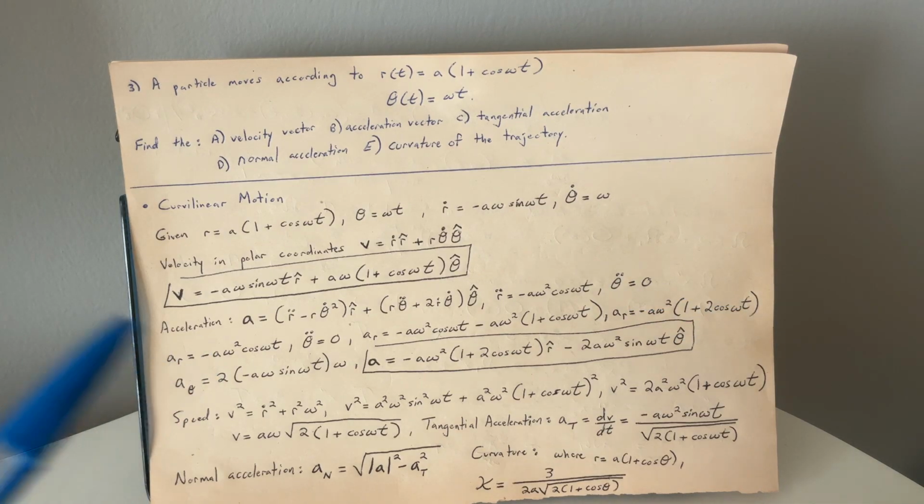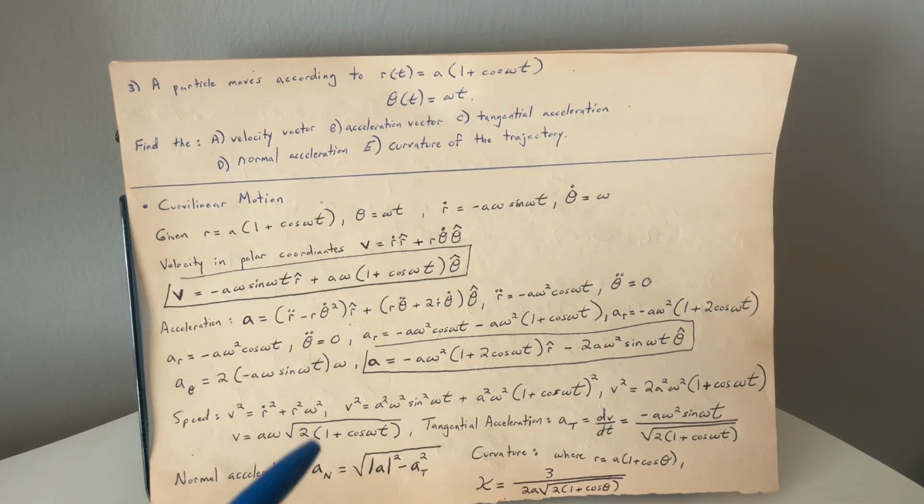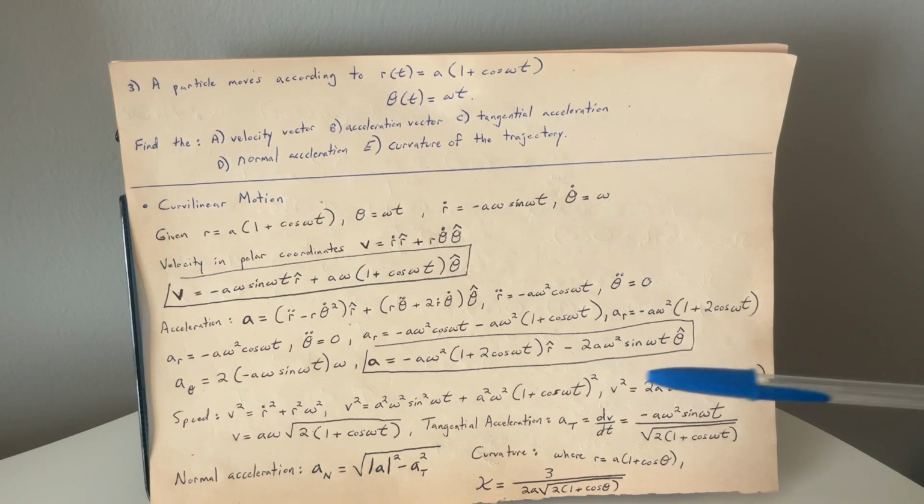So a sub r equals negative a omega squared cosine omega t minus a omega squared times the quantity 1 plus cosine omega t. And then a sub r equals negative a omega squared times the quantity 1 plus 2 cosine omega t.